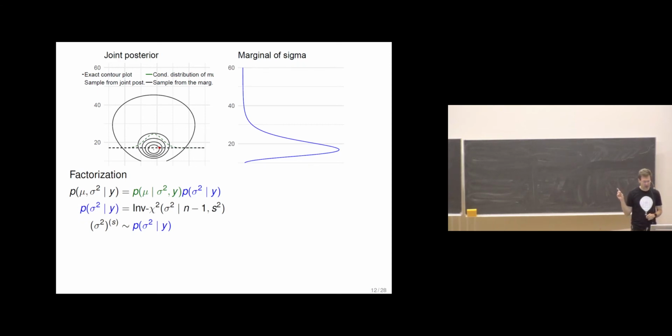Reminding that the marginal is this inverse chi-squared, and the black dashed line is just one posterior draw from that marginal. Given that one sigma squared value, the conditional is the same as if we knew sigma, so it's just a normal distribution with parameters mu bar, the average of the data, and sigma squared divided by n.